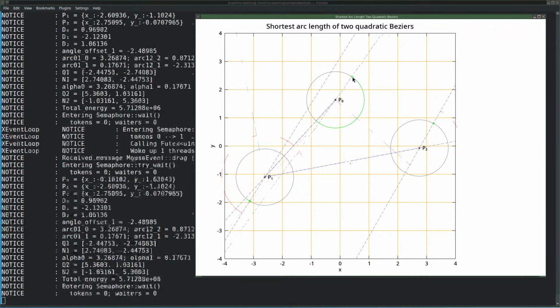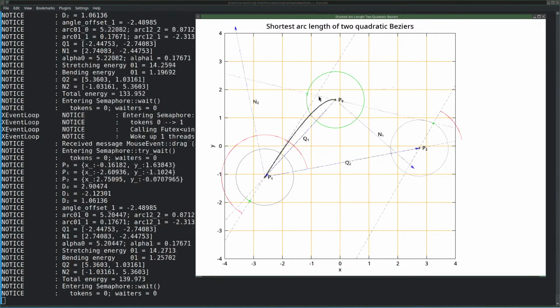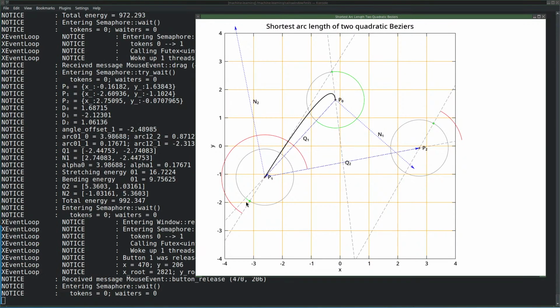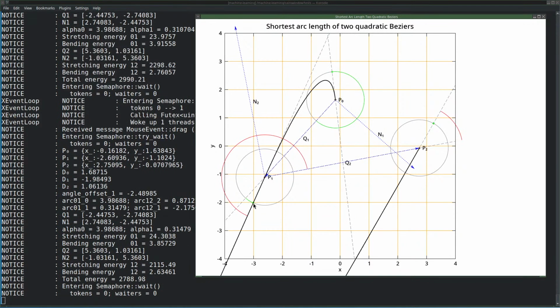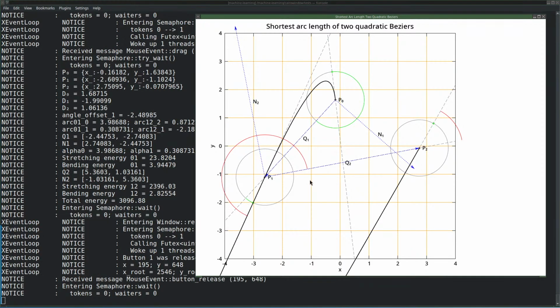So the thing that I did have in mind was to get the same solution. Something like this, right?